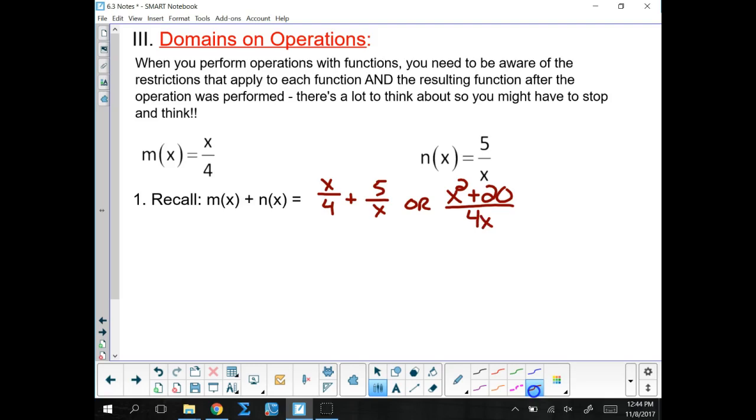Now, what I did is I took two functions, m and n, and I combined them using some kind of operation.